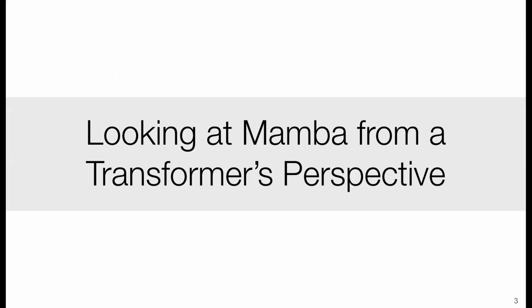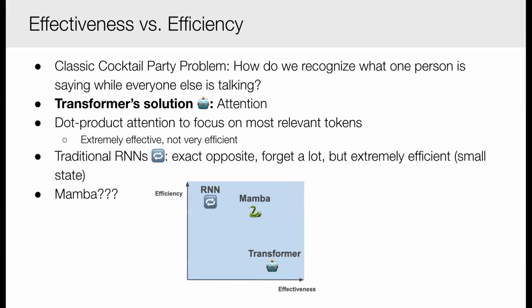So now we're going to be looking at Mamba from the perspective of a transformer, meaning we're going to be doing a lot of comparisons between Mamba and a transformer throughout this lecture. So the first thing is effectiveness versus efficiency. RNNs are extremely efficient, as in the previous lecture, in the sense that they just take their current hidden state to get their output.